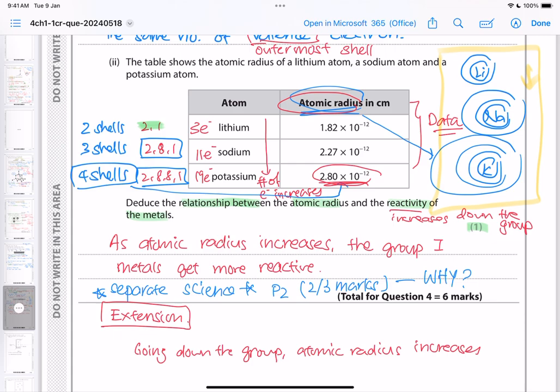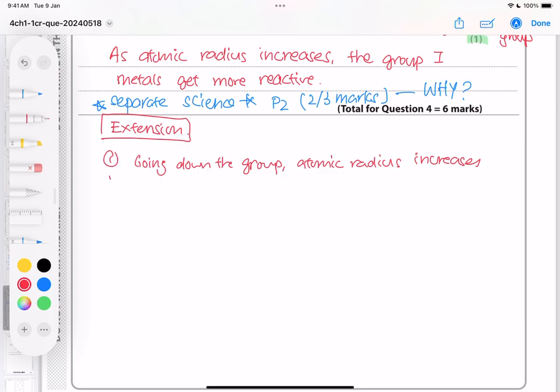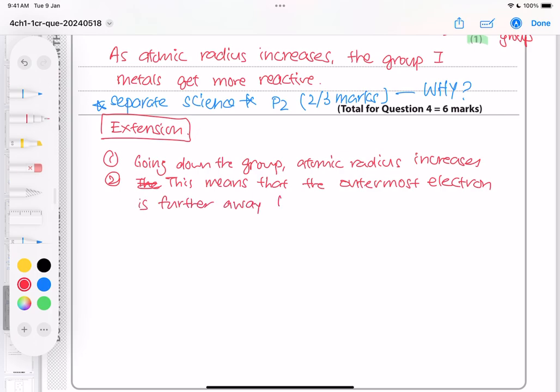Sodium is way bigger than lithium, because of the number of shells they have. Then what happens is, let me just put it down. This means that the outermost electron is further away from the nucleus.